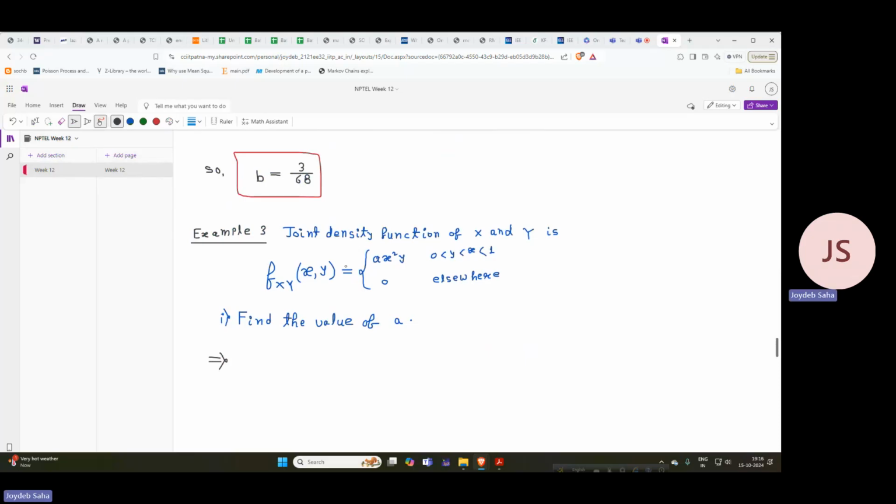Try to solve and find the value of A in the similar manner of example 2. Only there is a little difference in limit, right?